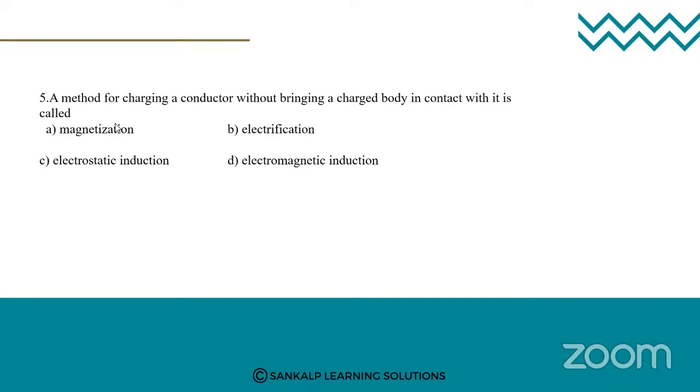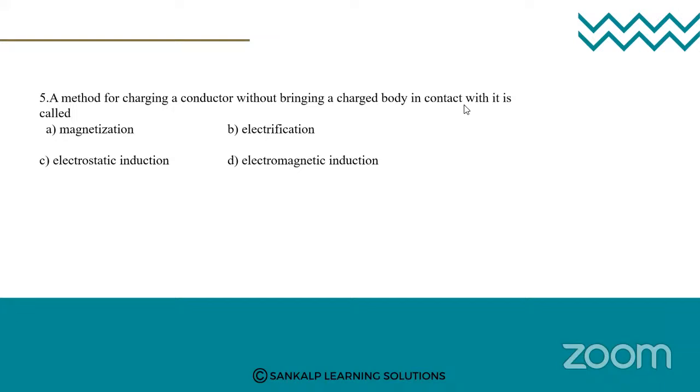Previous question: a method of charging a conductor without bringing a charged body in contact with it is called as. We have three types of charging: charging by friction, charging by conduction, charging by induction. In conduction, we keep the bodies in contact with each other. In induction, we are not keeping the bodies in contact.